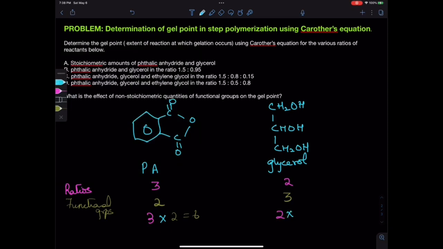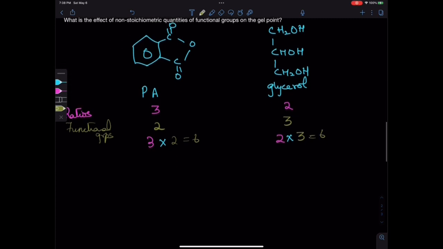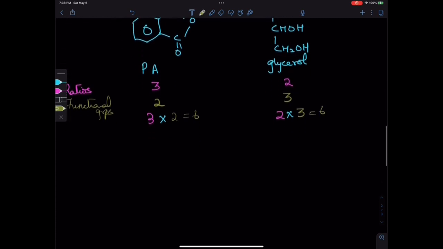Now let's calculate the F average. The average functional groups is 3 times 2 of phthalic anhydride plus 2 times 3 of glycerol divided by the total number of molecules.